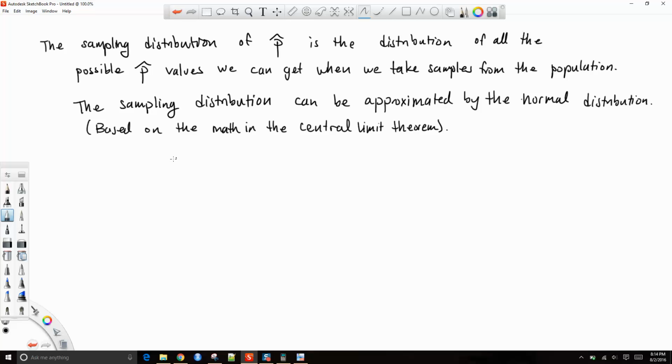The mean is equal to p, and the standard deviation is equal to the square root of p times 1 minus p divided by n. The standard deviation of the sampling distribution also has a special name called the standard error.